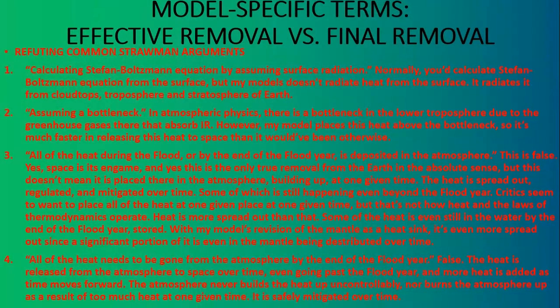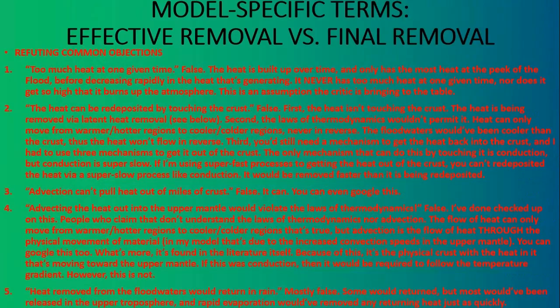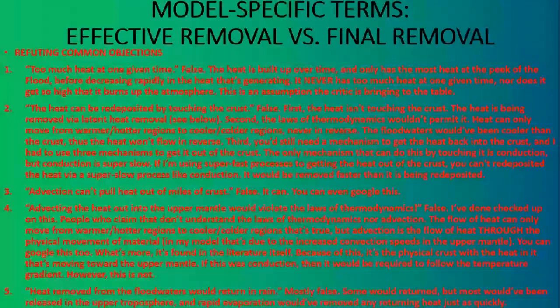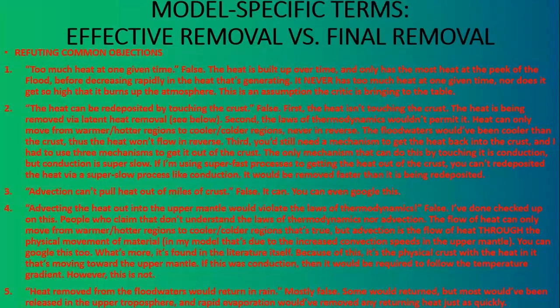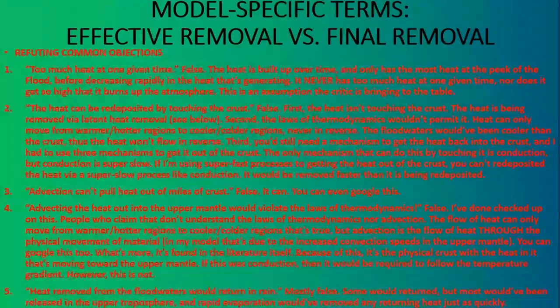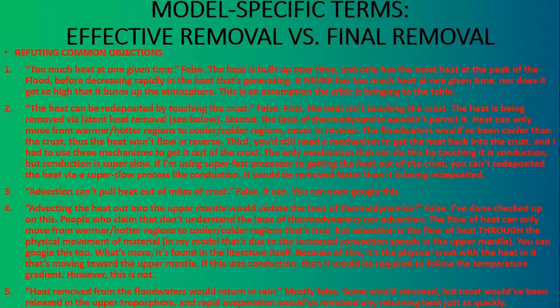Okay, refuting some more common objections. Too much heat at one given time. False. The heat is built up over time and only has the most heat at the peak of the flood before decreasing rapidly in the heat that's generating. It never has too much heat at one given time, nor does it get so high that it burns up the atmosphere.